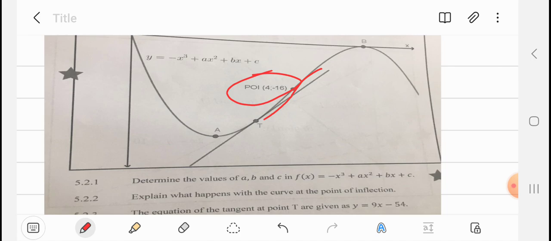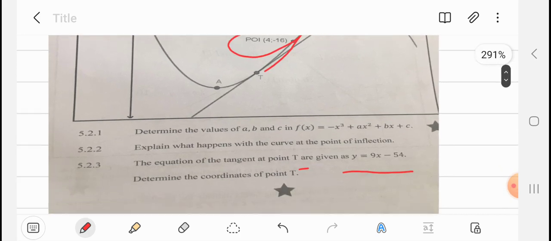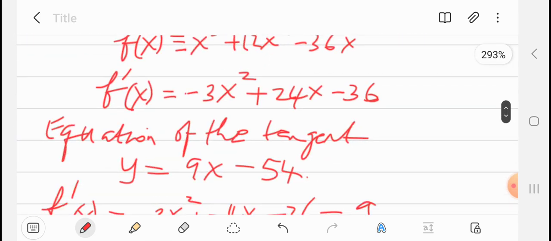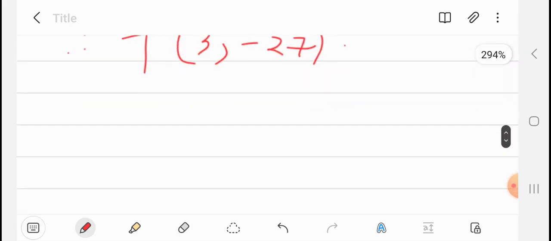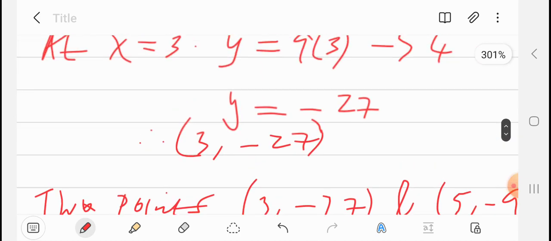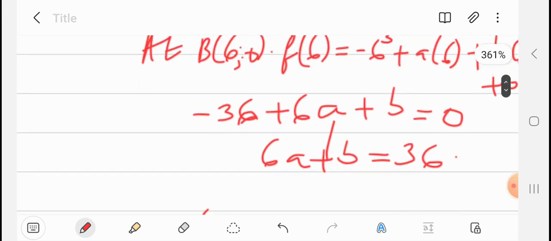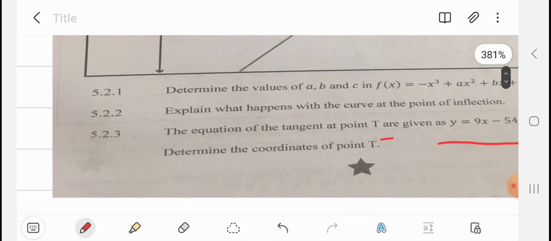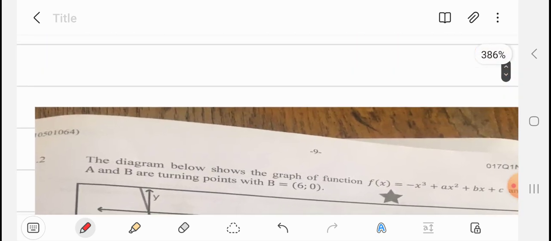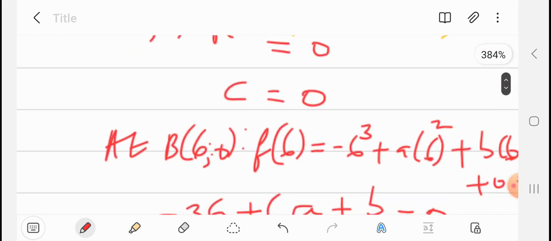X is 4 at the point of inflection, and therefore before x equals 4, x must be exactly 3 there, so the coordinates of T must be 3 and minus 27. Let's see what else we need to do here. Determine the coordinates of T. We have found the coordinates of T, and obviously we are done with this question.